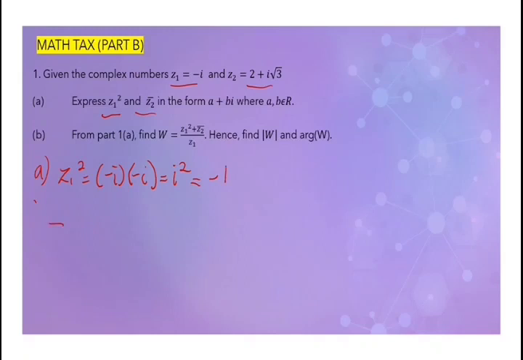Next, z2 bar is the conjugate of z2, so don't forget to change the sign. So from positive it becomes negative. So z2 bar is equal to 2 minus i√3.